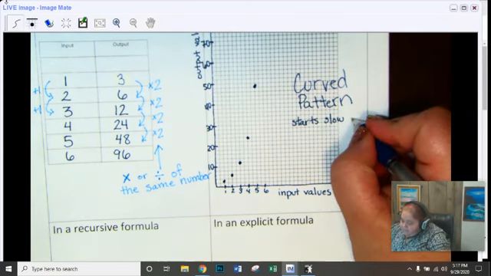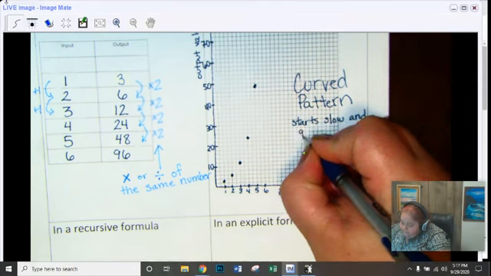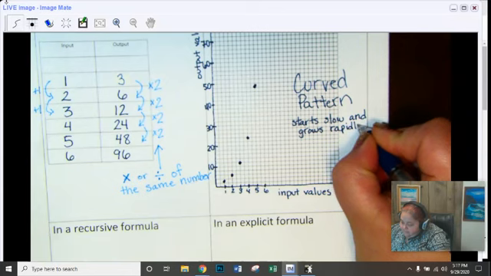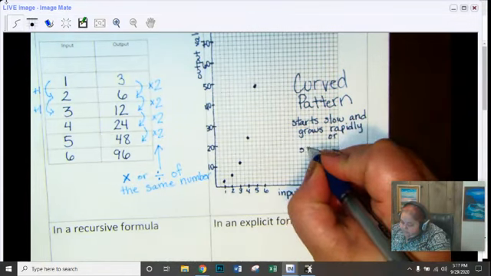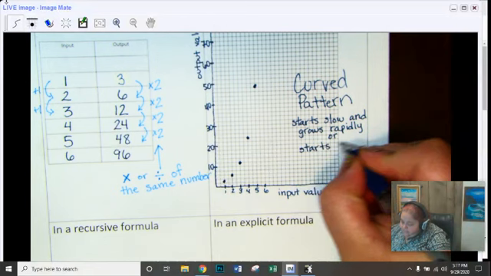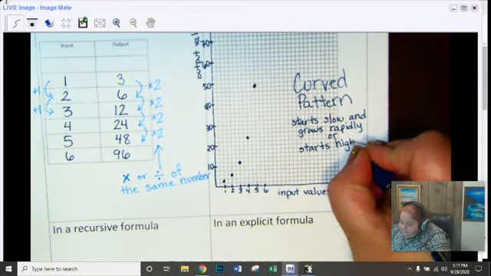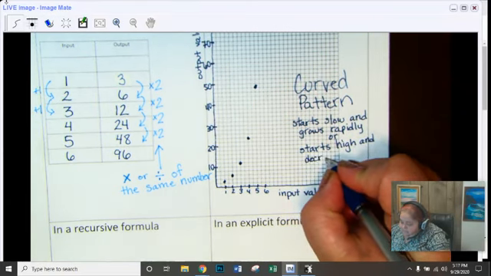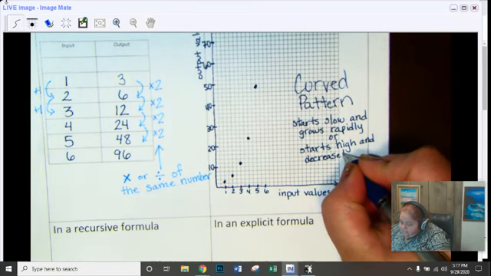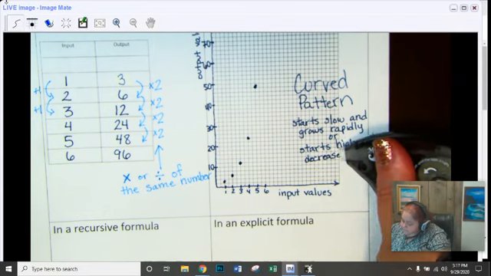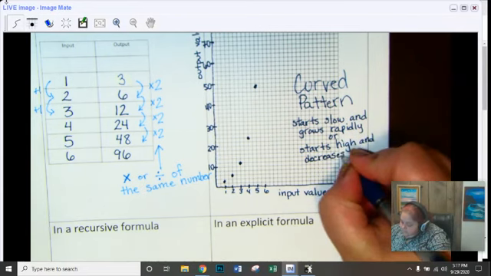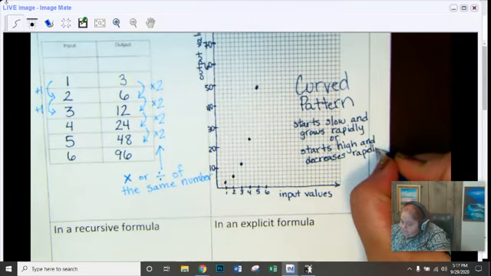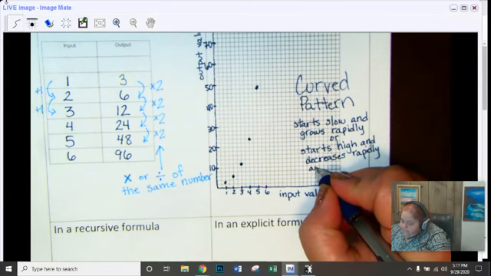So it starts slow and grows rapidly, or starts high and decreases rapidly and then slowly.